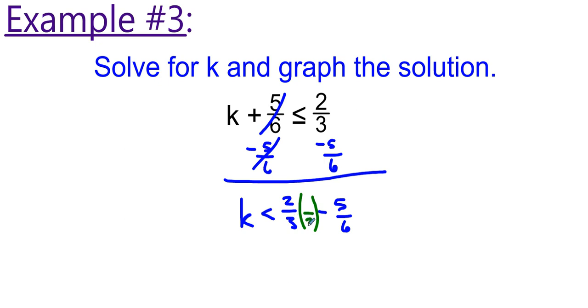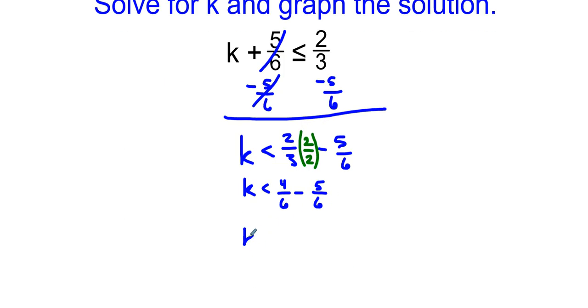So I'm just going to multiply 2/3 by 2/2, which ultimately equals 1. So it's okay to multiply by. So I get k is less than, multiply these straight across, 2 times 2 is 4, divided by 3 times 2 is 6, 4/6 minus 5/6. Now they're in terms of 6. Now they have those common denominators. We just do 4 minus 5, which is negative 1/6.